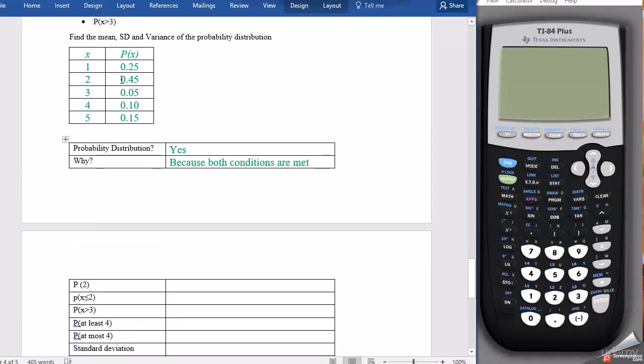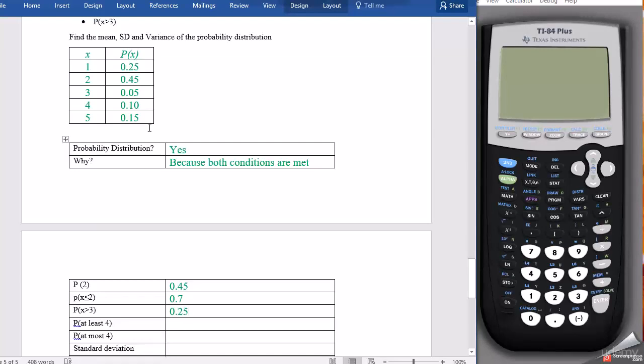Now we'll go further. The probability of getting 2 is right here, 0.45. The probability of x being less than or equal to 2 means you start from 2 and go down, 2 and 1. So add the probabilities of 1 and 2, which gives us 0.7. Then the probability that x is greater than 3 should be these two probabilities, 4 and 5, since 3 is not included. So that's 0.25.